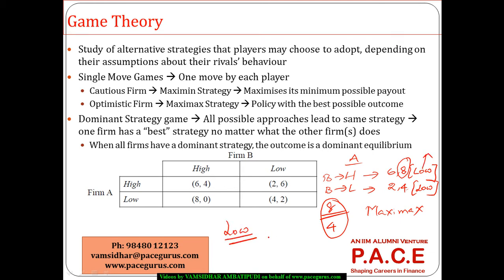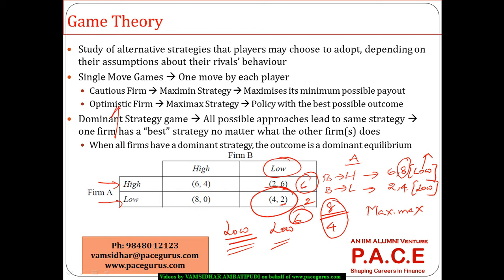Similarly, look at it from B's standpoint. If A has set high, B's maximum payoff is 6. If A has set low, B's maximum payoff is 2. Again, these two come only from a low strategy for B. So in Maxi Max, the payoff is going to be 6, which is again with the strategy low, which means if both of them set a low strategy, that would be the most optimum strategy.